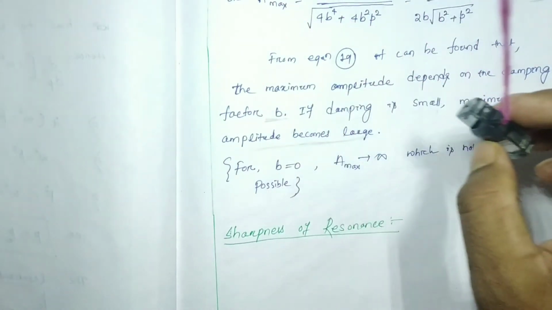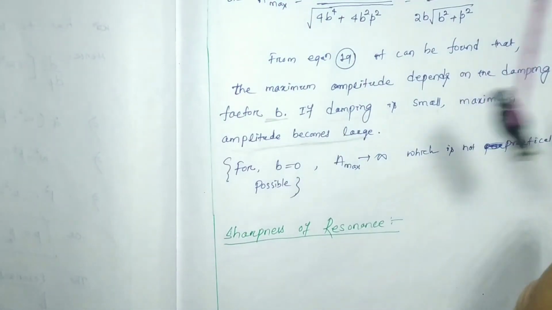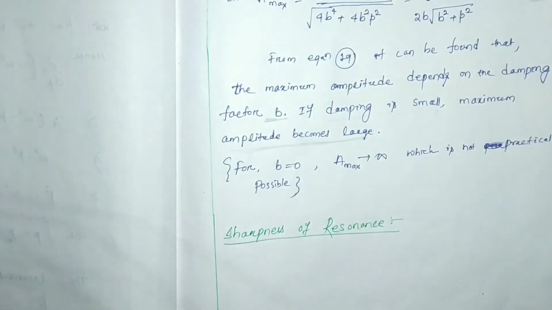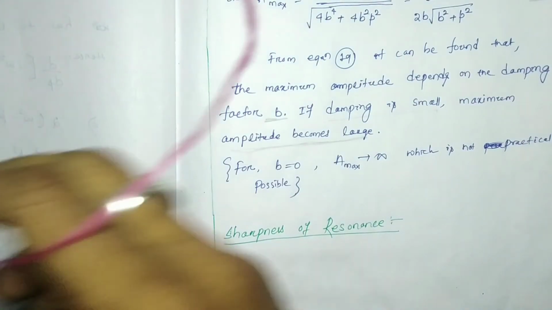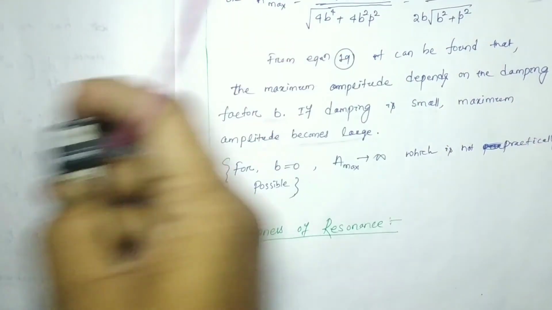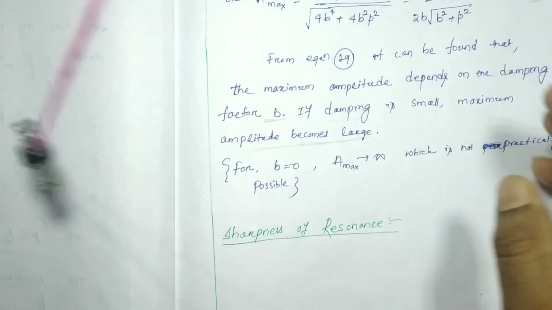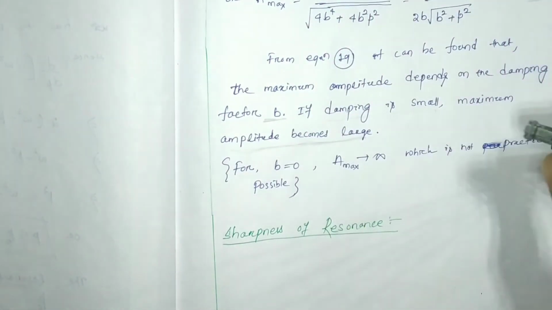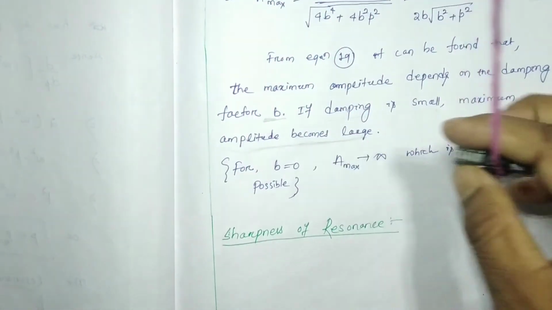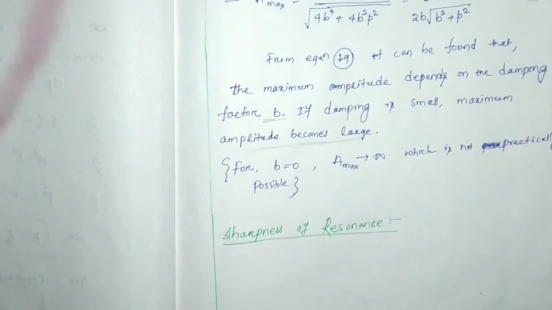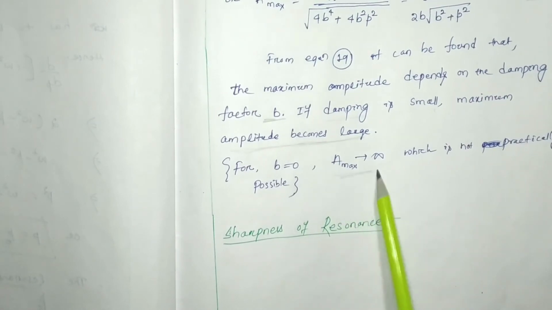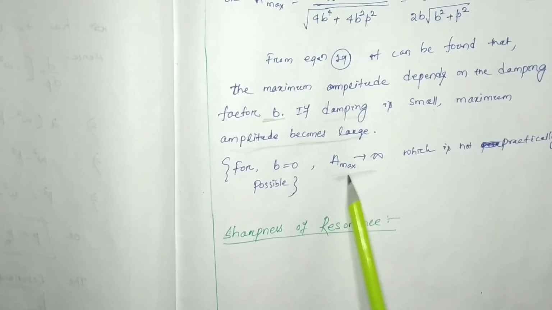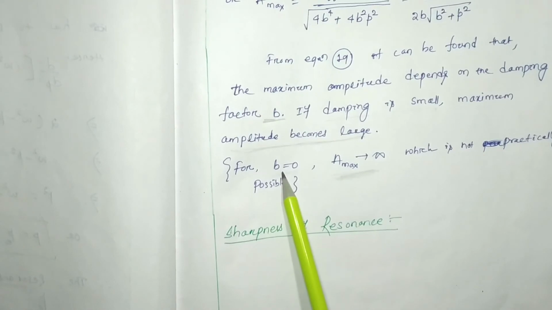If you give this much force, it may not oscillate; it will move up and you will find one type of rotation. This type of oscillation you are not going to get. That rotation may not be uniform. You got my point? So here the maximum amplitude means infinite amplitude, which is not possible practically. That is the situation when b is equal to 0.